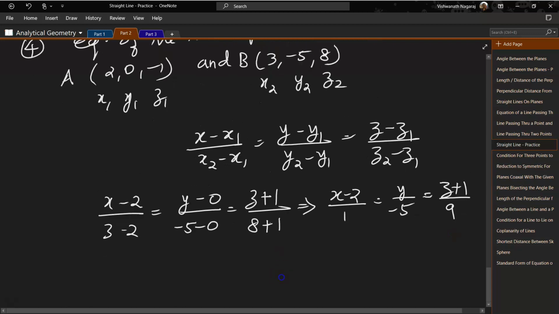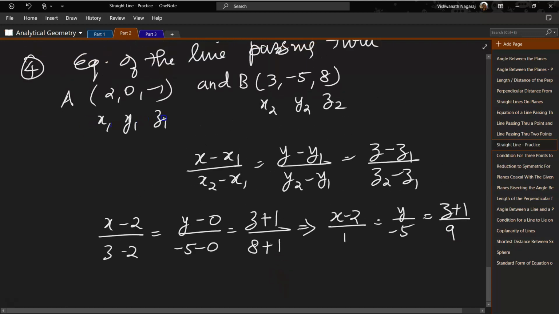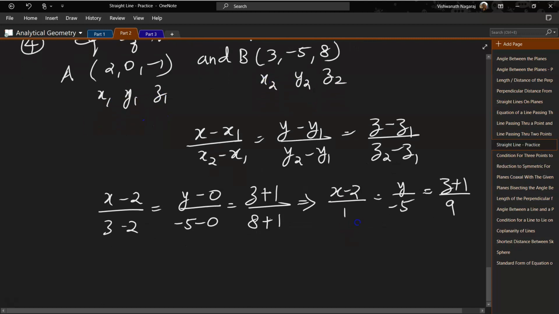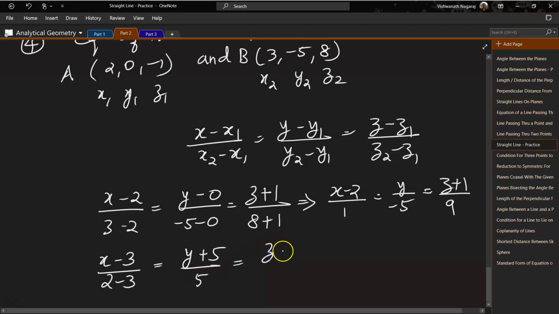Now let's change the order. Instead of this being x1, y1, z1, let's say the other point is x1, y1, z1 and this is x2, y2, z2. In that case, what we get is x minus 3 by 2 minus 3, y minus 5, that is y plus 5 by 0 minus 5, so that is 5, is equal to z minus 8 by minus 1 minus 8.